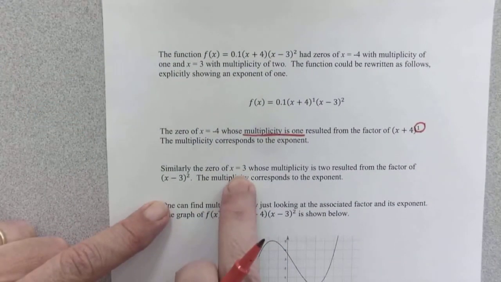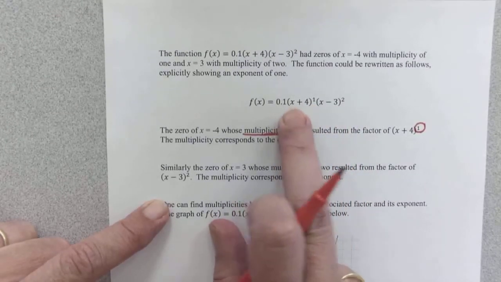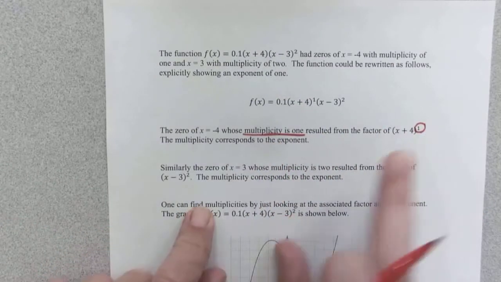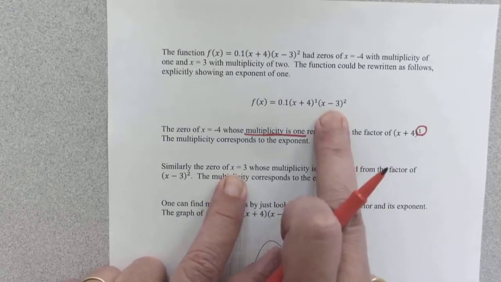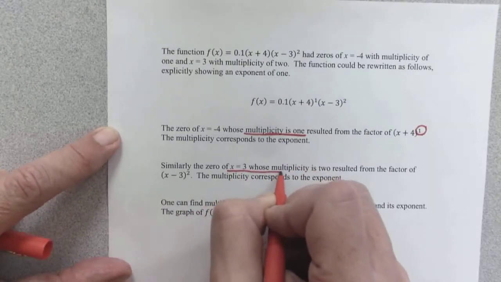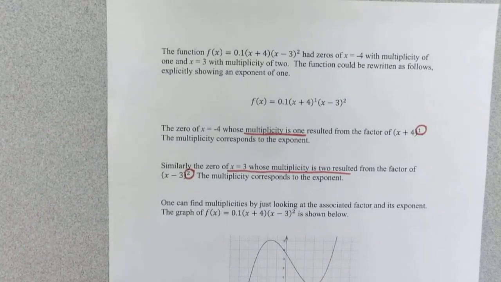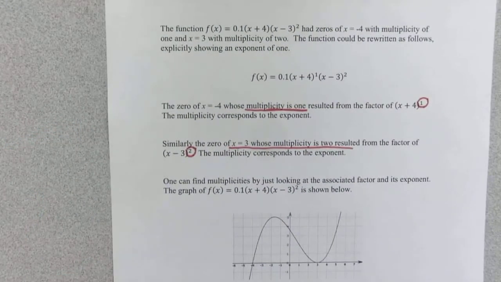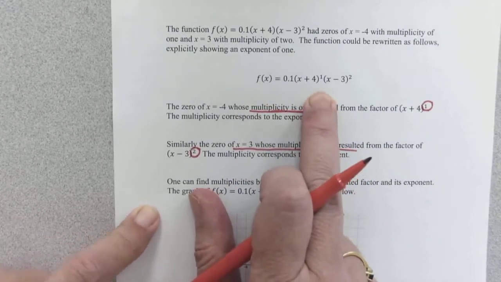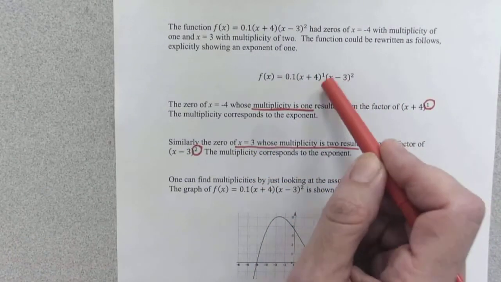Similarly, x equals 3 came from the factor x minus 3, and the multiplicity was 2, which resulted from that little exponent right there. When something is in its factored format, you can read off the multiplicities by just looking at the exponents.